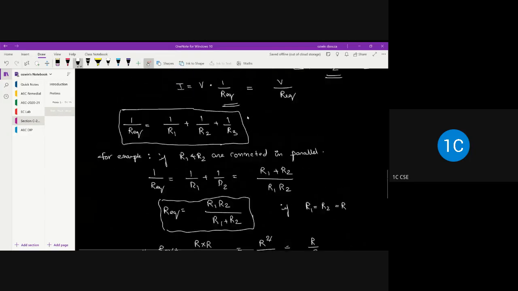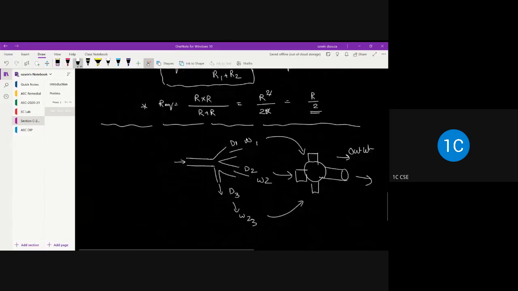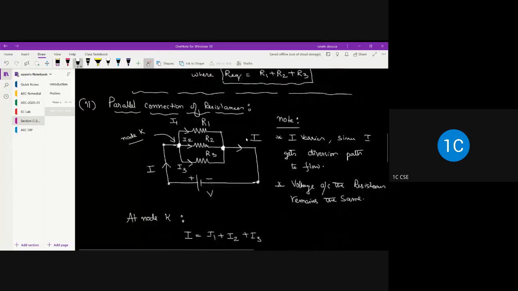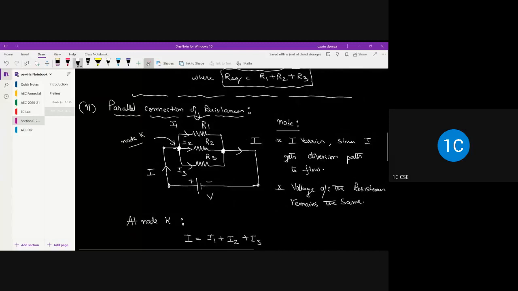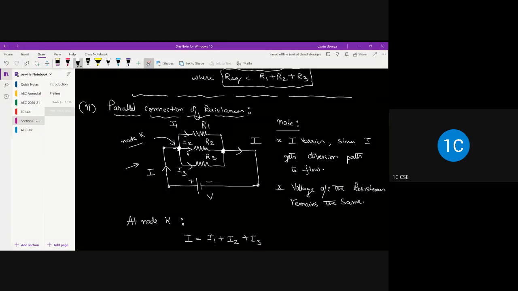Similarly, this is one physical phenomenon. In the case of circuits also, this follows the principle of conservation of charge. Charge cannot accumulate at a point; it should flow through. So the charge flows through, let's say, the top path, bottom path, and the middle path.